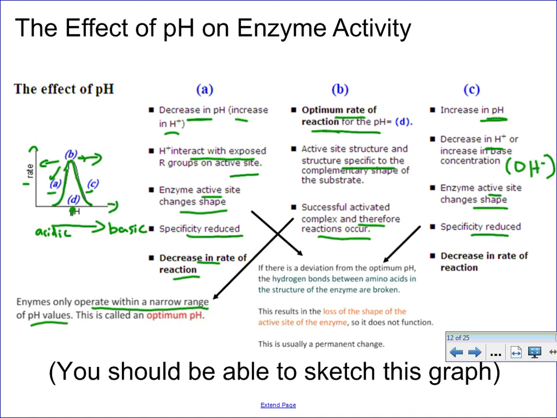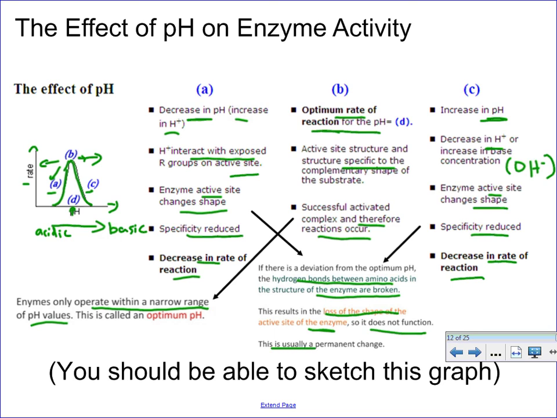We get reduced specificity and ultimately a decrease in the rate of reaction. So for both of these points, as we deviate from the optimum pH, basically the hydrogen bonds between those amino acids in the structure of the enzyme become broken. This results in a loss of shape of the active site of the enzyme, and so it does not function.